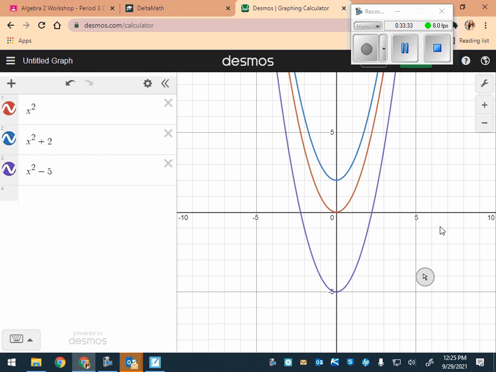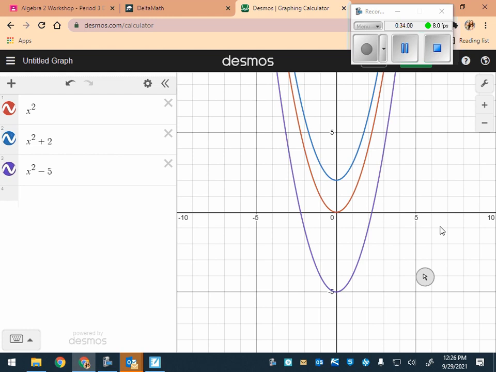Okay? These are all the transformations you will need for the entire year. So it's not only just functions, it's in polynomials, it is in exponentials, it is in trig. All these will mean the same thing. Okay? Any questions?